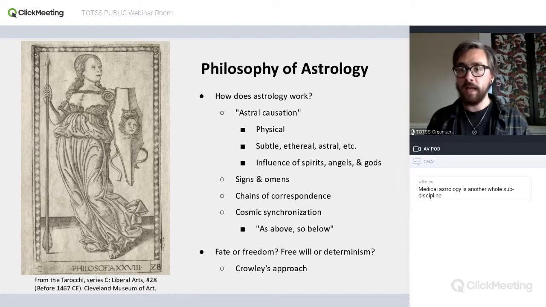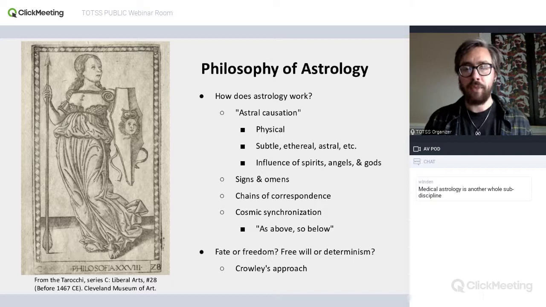We have ideas like as above, so below, that the mundane and the physical is a reflection of the celestial or the divine or the spiritual or whatever, right? All those ideas can be brought in here too. And again, we think of the ideas of cosmic synchronization, that it's not that the planets directly cause things or even are directly omens of things, but that celestial movements are, how do we put this?